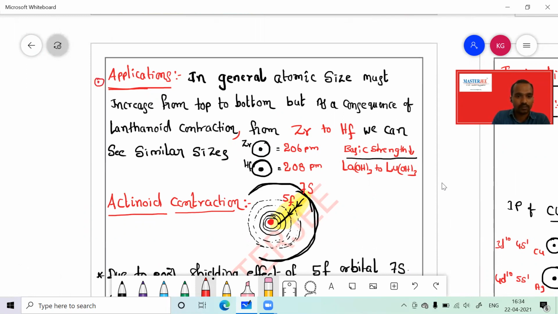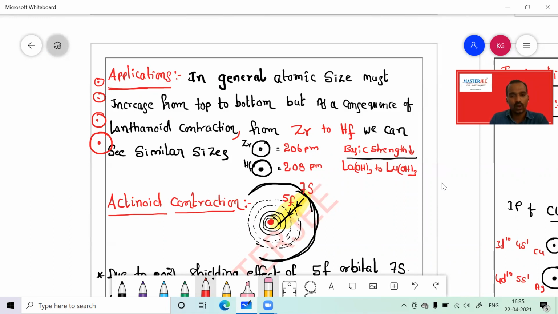If this is the atom, the next size will be like this, and the next like this. The size of the atom must increase like this. But due to lanthanoid contraction, the size won't increase this much. Even though it increases somewhat, it is not easily identified. It won't be a differentiable increase in size. There is a slight change only.